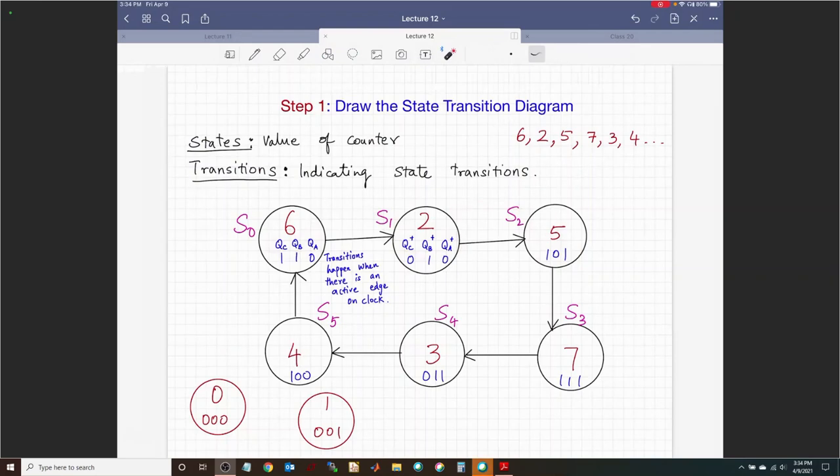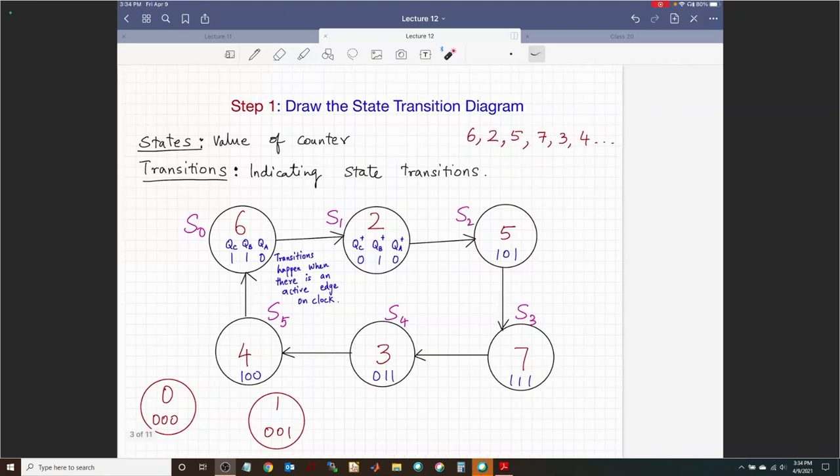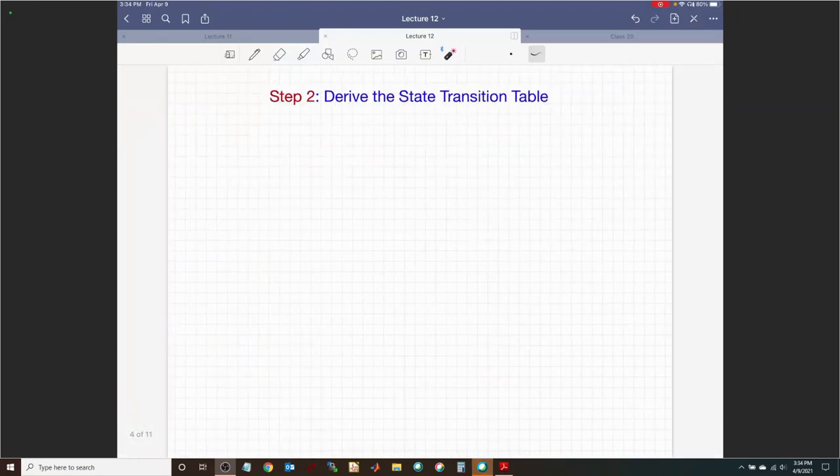So I'm going to be needing the excitation tables of my JK, T, and D flip-flops in order to come up with those relationships.